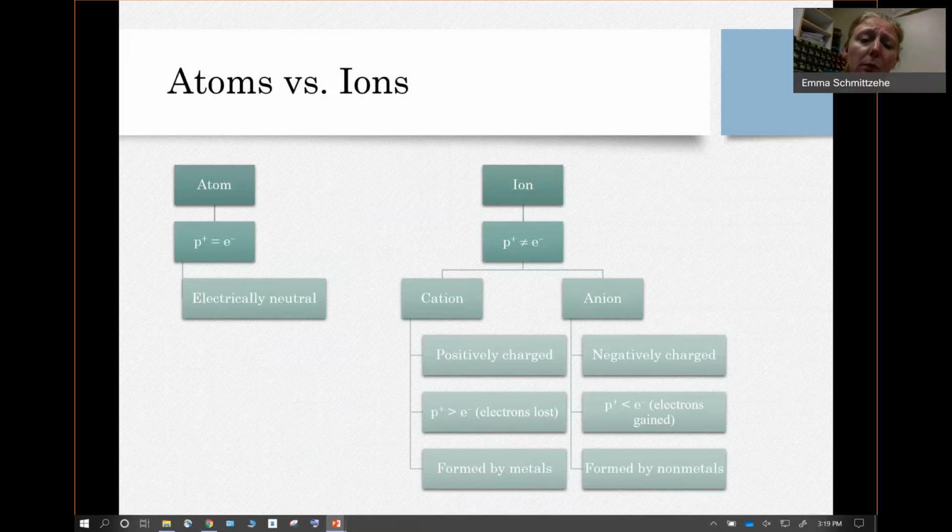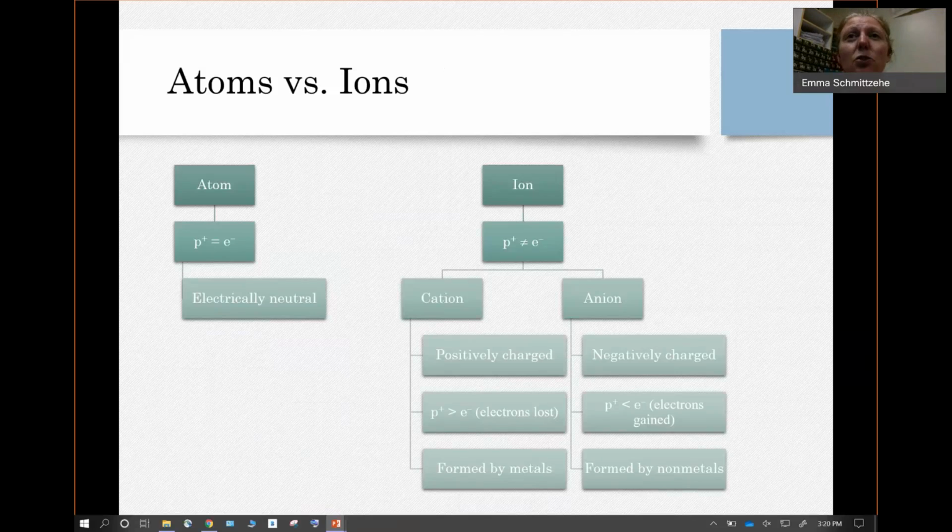Typically, most often, metals are the types of elements that tend to lose electrons and form cations, okay? Now, that's not to say you couldn't ever have a non-metal lose an electron. It just isn't very favorable, so it doesn't happen unless you force it to, okay?